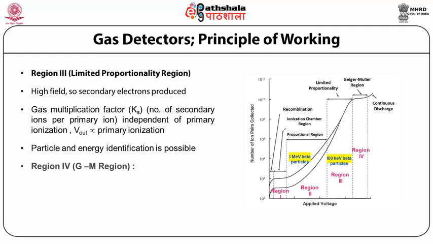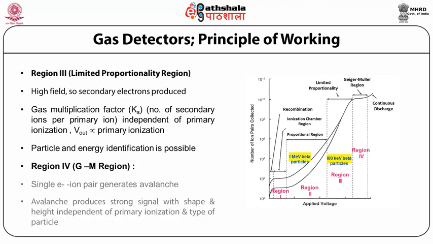Next we have region 4. It is the region of highest biasing voltage for the detectors. This is called the GM region, that is, the Geiger-Müller region. In this region, what are the observations of the detector?